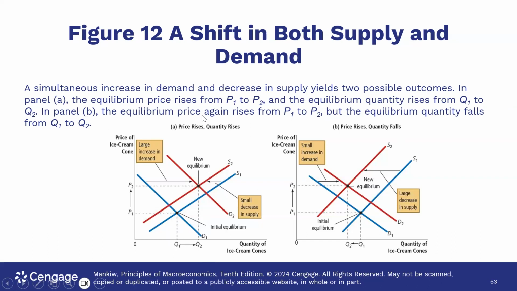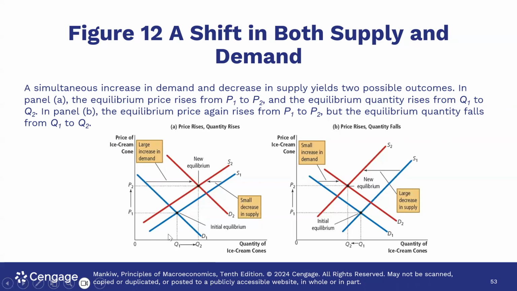In panel B, the equilibrium price again rises from P1 to P2, but the equilibrium quantity falls from Q1 to Q4, and the magnitude and the direction of the change in quantity are actually determined by the change in supply and demand.